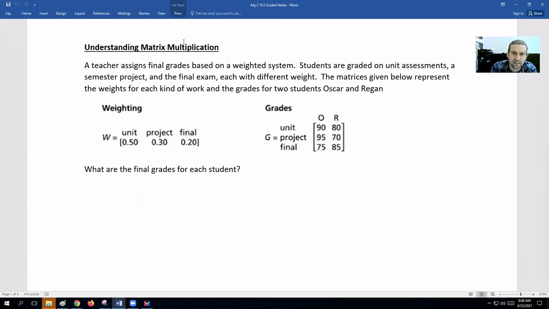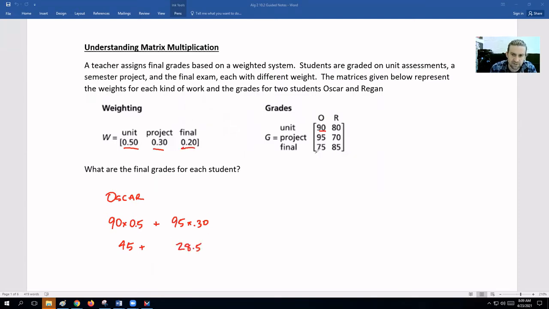So if I was going to figure out Oscar's grade, what we would do is take his unit grade of 90 and times it by 0.5, and that's 45. And then we would do his project grade, which is a 95 times 0.30. I'm going to have to grab a calculator for that. 95 times 0.3 is 28.5.